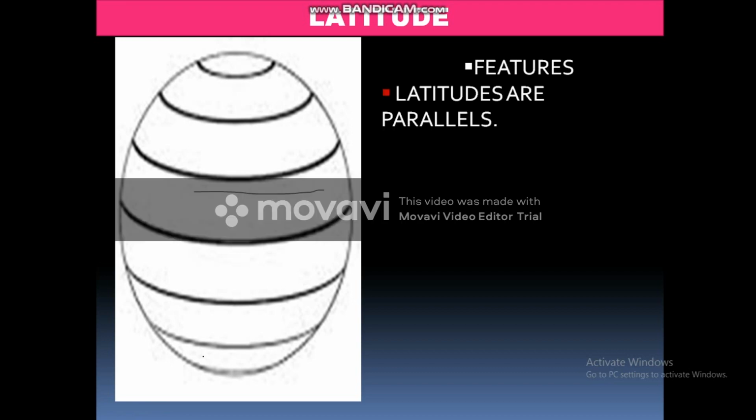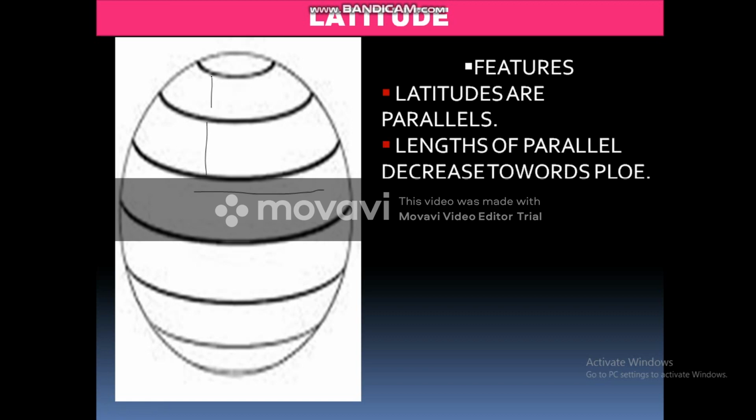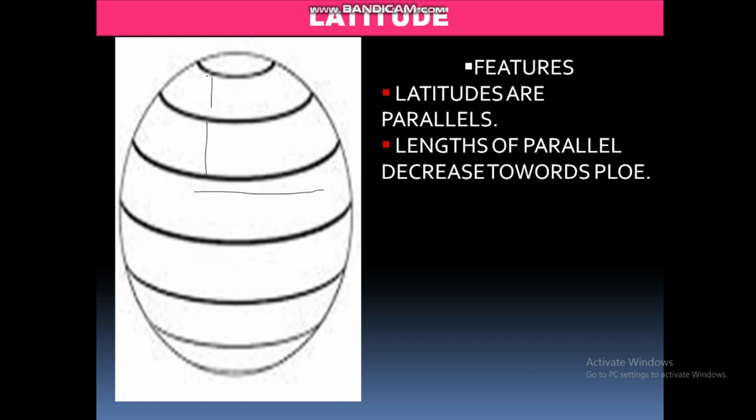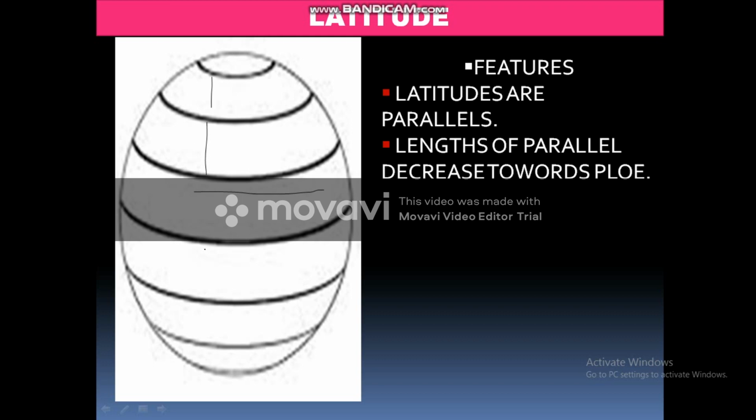First of all, these lines are parallel to each other. As you can see, these lines never intersect each other. Then the length of the parallels decreases. As you can see, the lines are becoming shorter and shorter as they go toward the pole side, and their length becomes wider as they come toward the equator side.